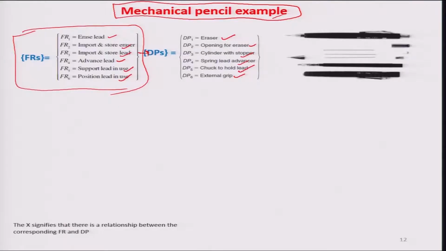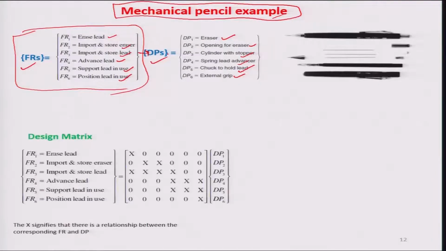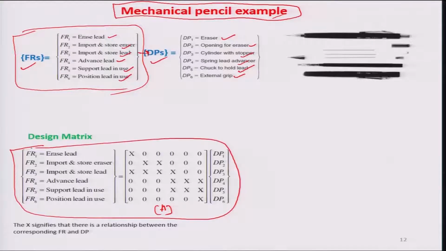So if you are going to make a matrix using your functional requirements and designing parameters, what will be the design matrix? Here you can see that this is the design matrix. A is the design matrix and this is the design equation. Here in this equation, erase lead: lead can be erased only with eraser.